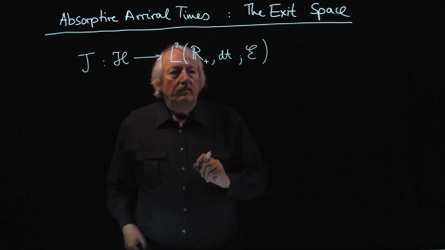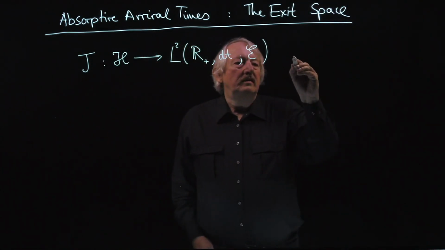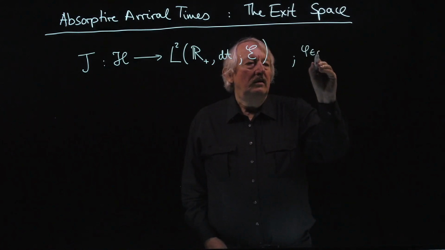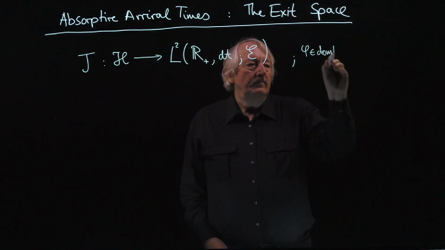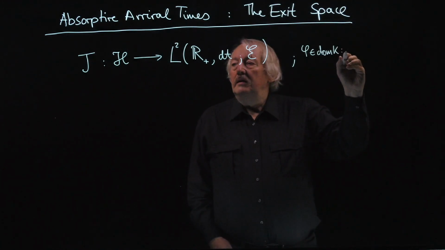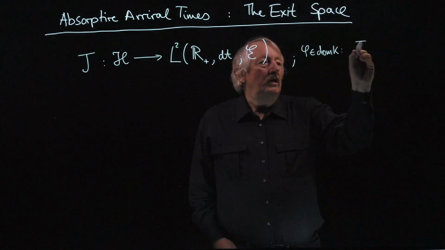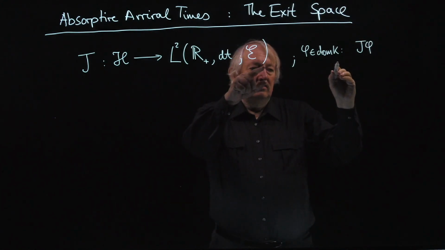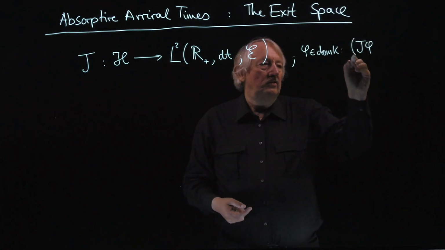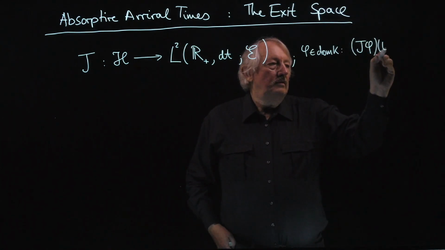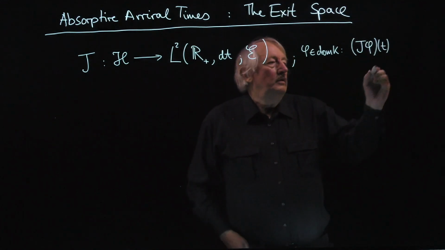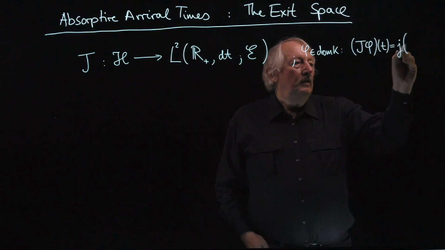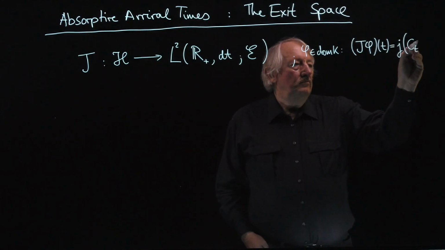And the definition of it is that if phi is actually in this domain, then j phi, now this is supposed to be such a function, so I have to give you the value of the function, right? So at time t it is equal to the little j that we defined before applied to ct phi.